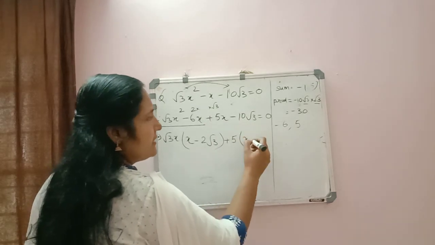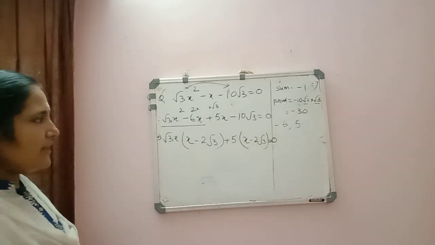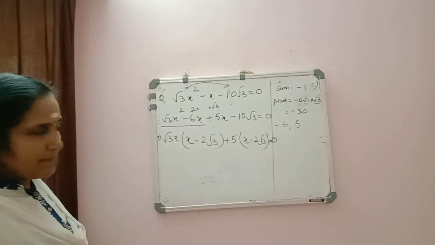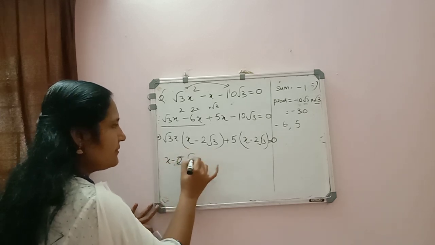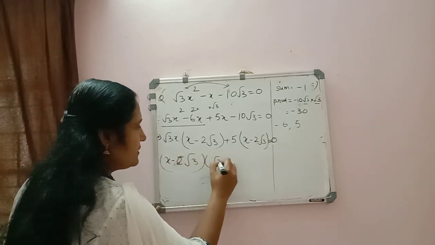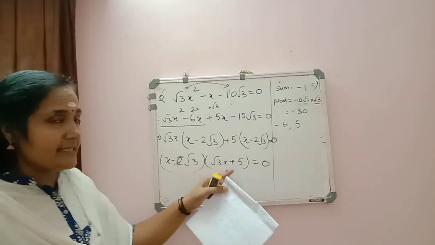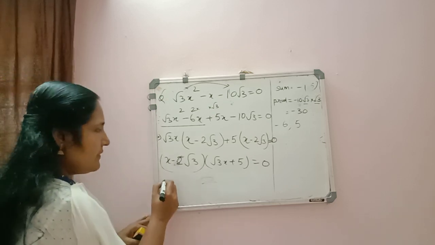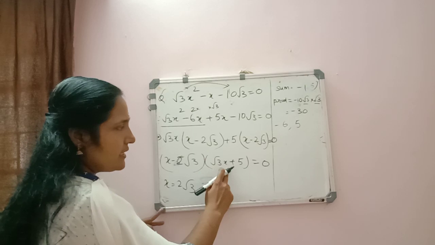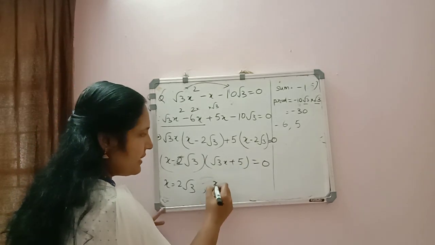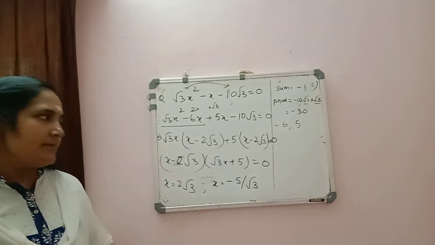Inside the bracket remaining is x minus 2 root 3 equal to 0. Always these two expressions should be the same. Common factor x minus 2 root 3 into root 3x plus 5 equal to 0. Equate each separately to 0. So we get x is equal to 2 root 3, or if root 3x plus 5 is equal to 0, we get x is equal to minus 5 by root 3.